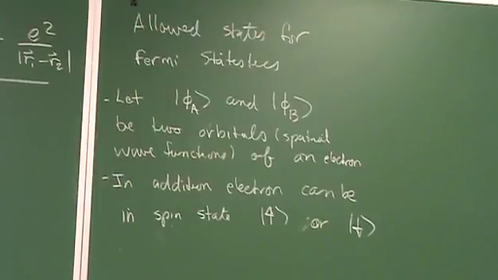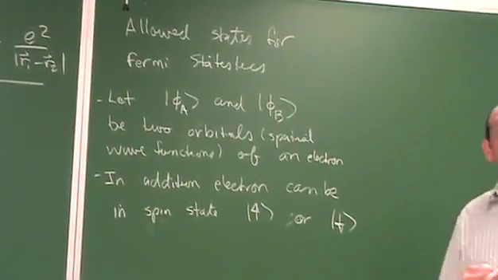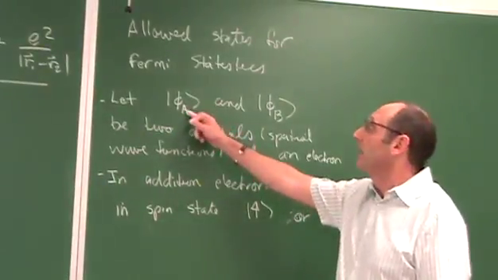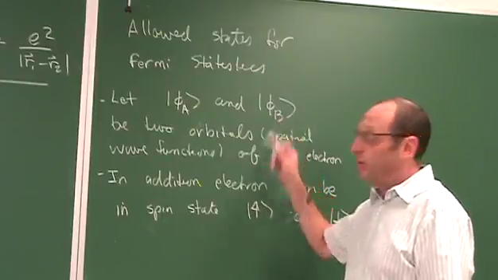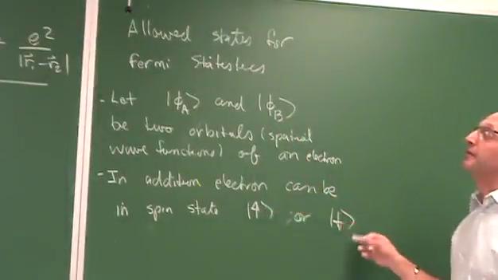But we can think about basis vectors for the two electron states, where one of the electrons is in this orbital, the other one's in this orbital, and each electron is either spin up or spin down.